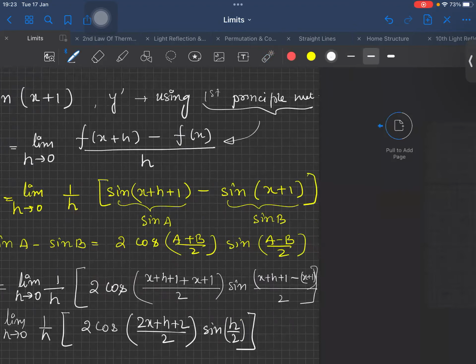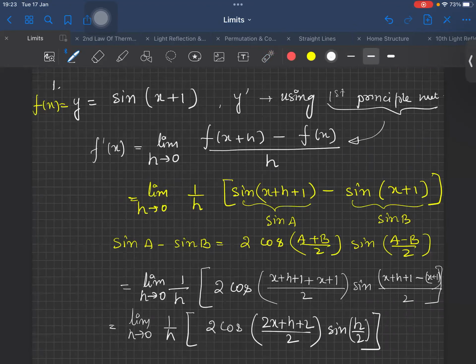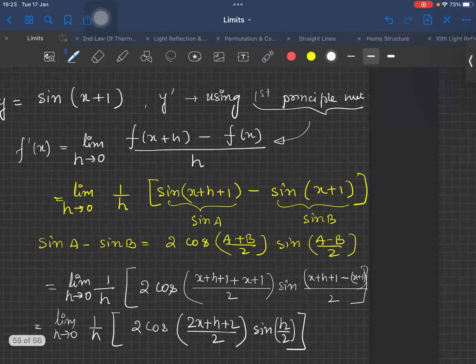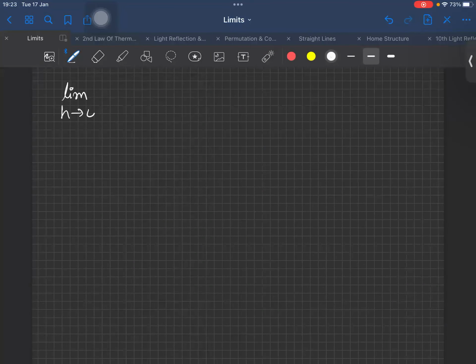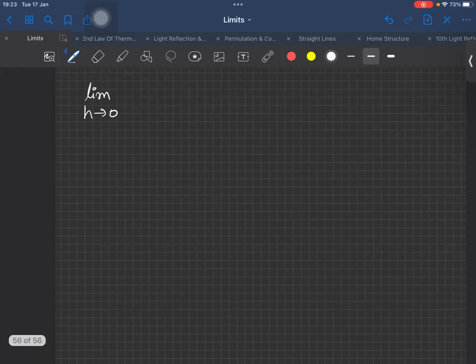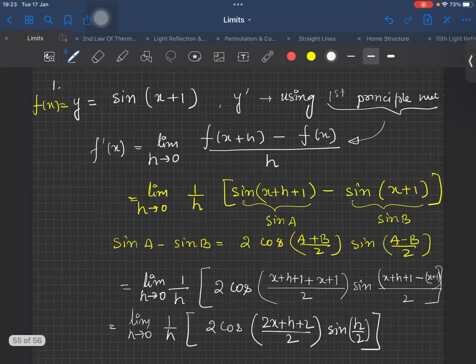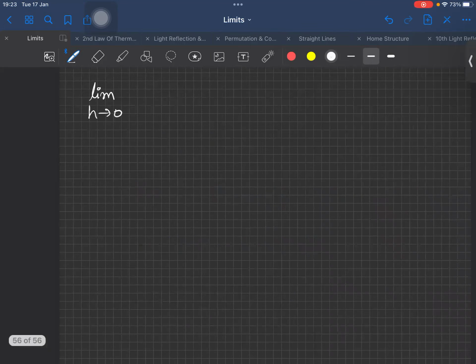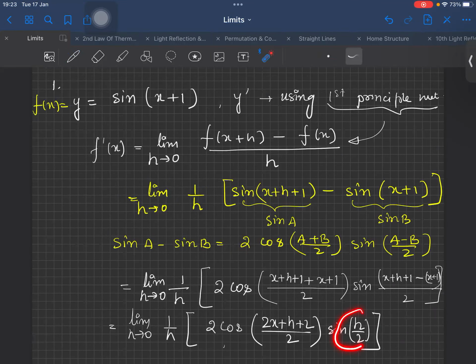Okay. Now let's write it down again. So this will become limit h tends to 0, 1 upon h, 2 cos of 2x plus h plus 2 divided by 2, and we have sine h by 2. So can we take this 2 here? So this is 2 by h here, right?